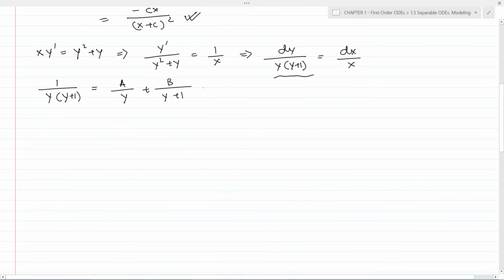We can simplify the right hand side, and write this as ay plus a plus by divided by y times (y plus 1). We can further simplify by combining all the y terms in the numerator, and we can write this as (a plus b) times y plus a, divided by y times (y plus 1).